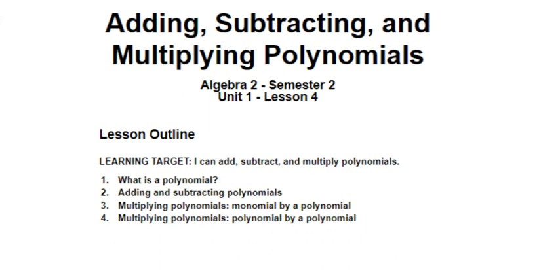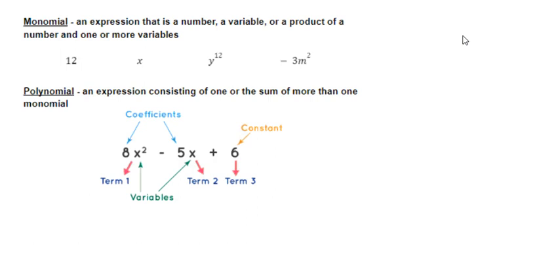First we're going to talk about what a monomial and a polynomial are. If you know anything about Greek and Latin word roots, you're probably thinking Mr. Simons is talking nonsense, but I'm actually not. Mono is the Greek Latin word root for one, and poly means many, or multiple.